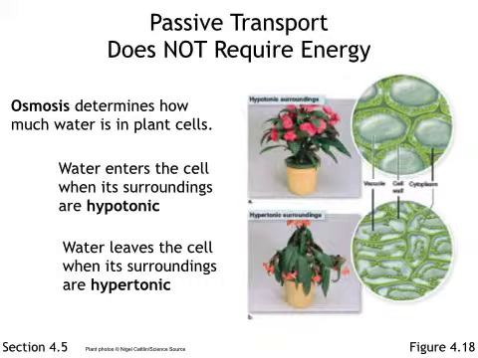Whereas if you put those cells in a solution that had a lot of salt, that water is going to leave the cell to try and dilute the solution with a lot of salt and try and equilibrate the concentration of solutes. And so those cells shrink and wilt, right?